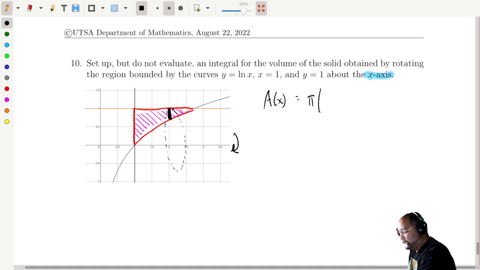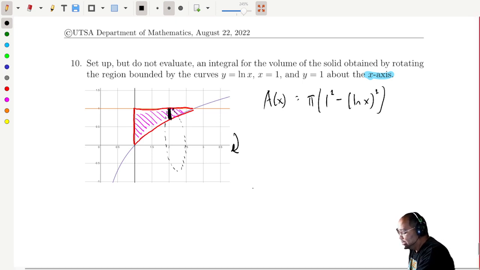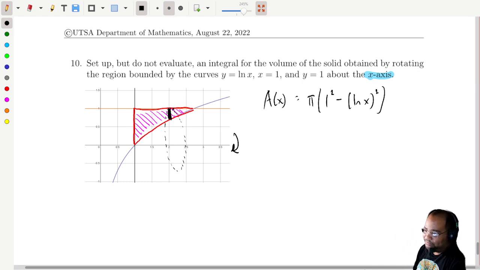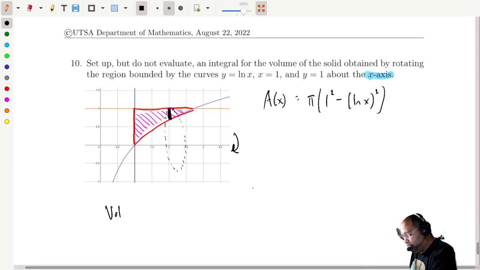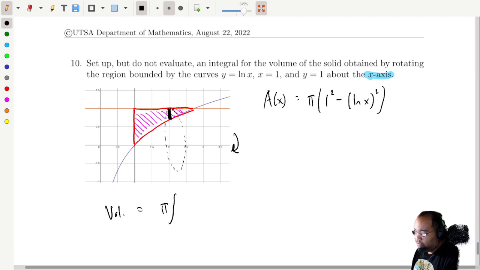That will be pi times top thing squared, 1 squared, minus bottom thing squared, log x squared. Okay? Well, now we just write down the integral for the volume. It'll be pi times the integral from, well, from where to where? I know it's going to start at x equals 1, but where do these two cross?